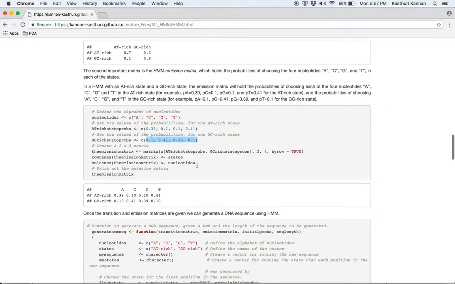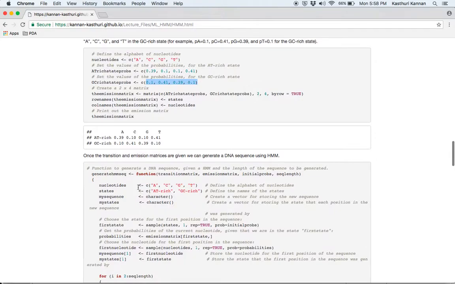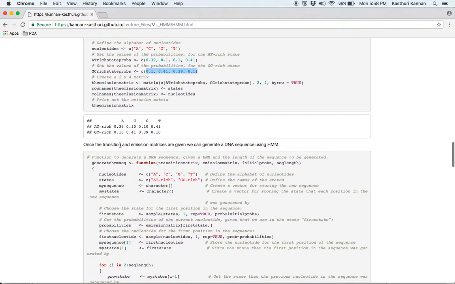Now you have an emission matrix with A, C, G, and T. In the AT rich region, the probability of observing A is 0.39 and T is 0.41. The rest would be smaller. And similarly for the GC rich region, you can construct these emission probabilities.